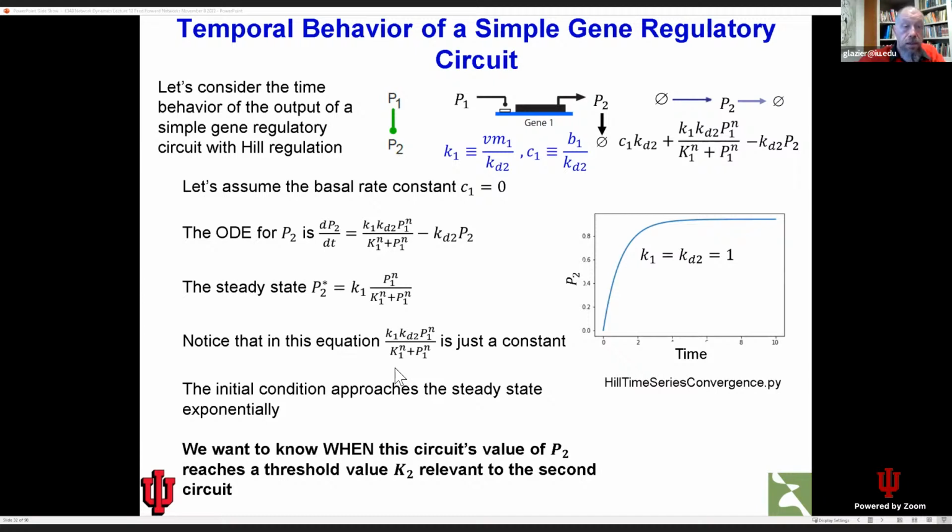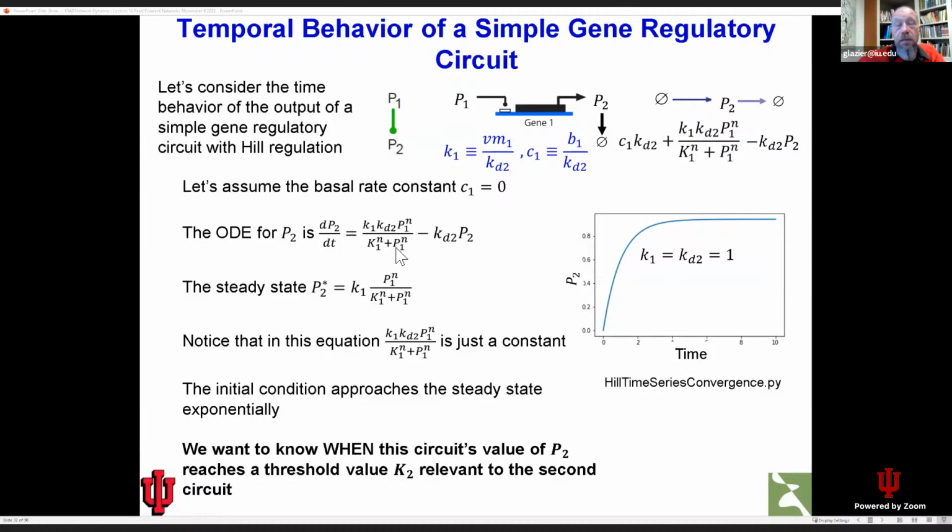Okay, so now let's think about time dependence. And let's just start out with our friend P1 activates P2. And we wrote the ODE, dP2/dt was equal to a Hill function minus KD2 P2. Notice that this Hill function is independent of P2.